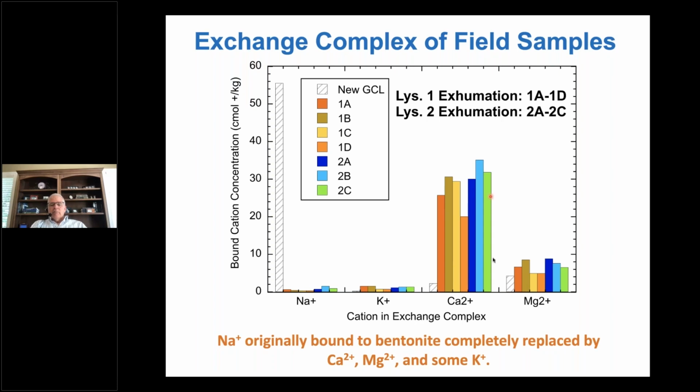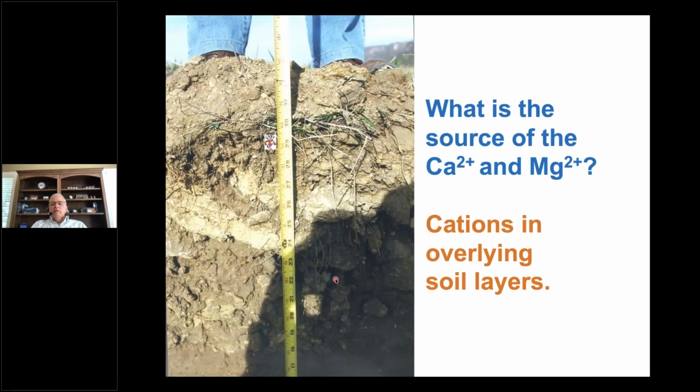Loaded with calcium, right? Virtually no calcium in the initial GCL, shown here with the hash line, loaded with calcium and also with magnesium as well. Where did that calcium and magnesium come from? And why does it want to have calcium relative to that sodium that helps it swell so much? Why does that happen? Well, the calcium and the magnesium are abundant in cover soils overlying a GCL.